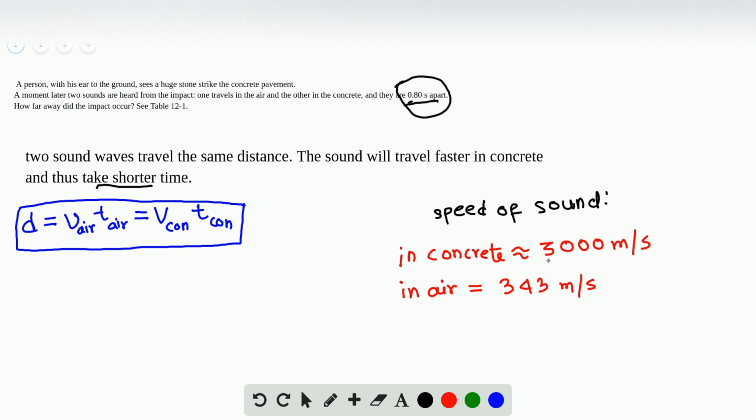Now we'll try to get the accurate speed of sound in concrete.